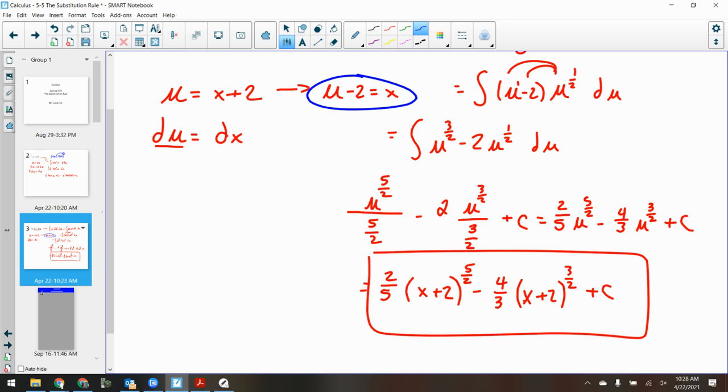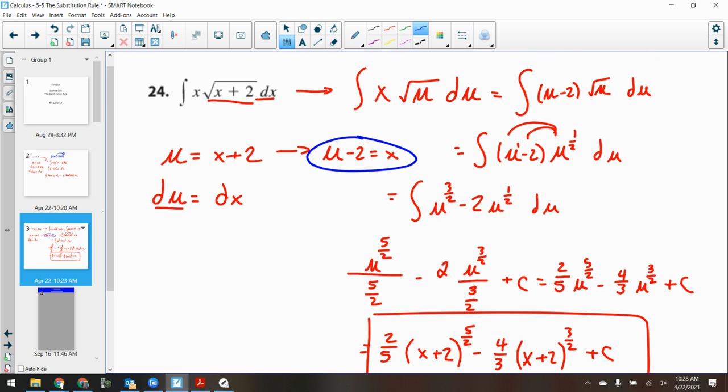So all of the x values must go away from the original problem. They had not yet when I had done my original u substitution. I had this x still sitting there. So we had to get that x to go away. Usually we can find x in terms of u, because that's generally how we start with the whole process. Create an equation for u.